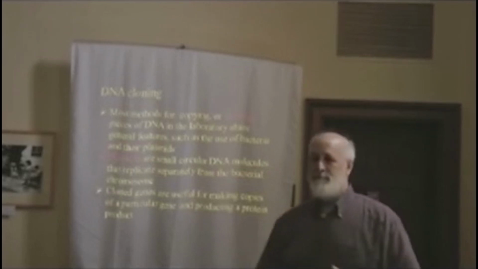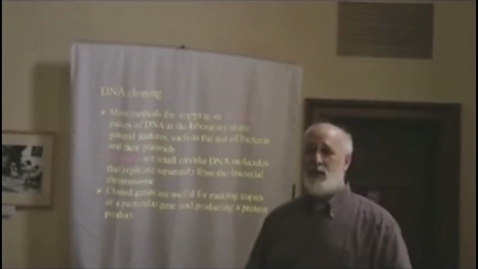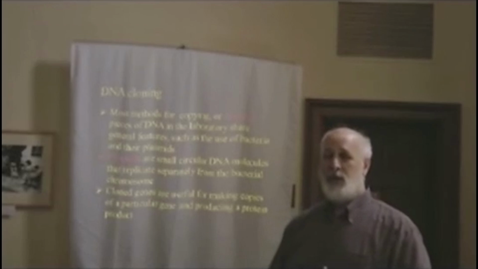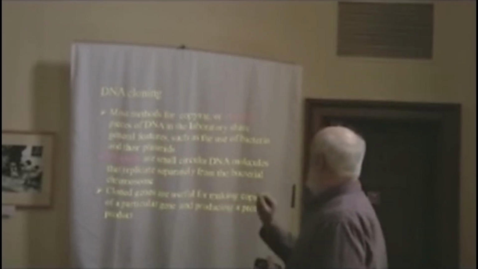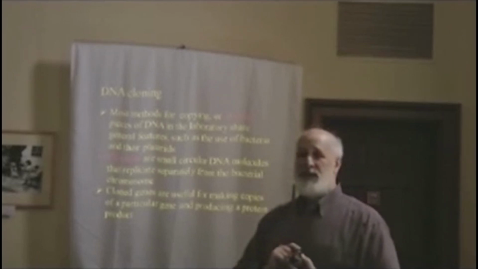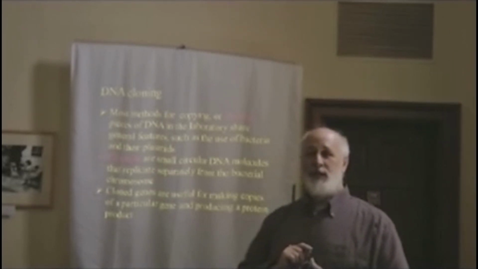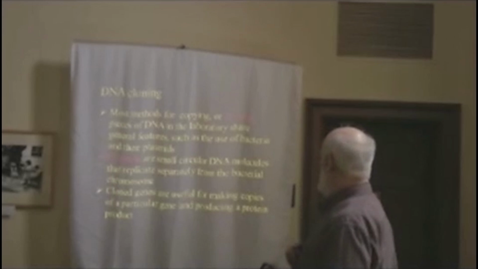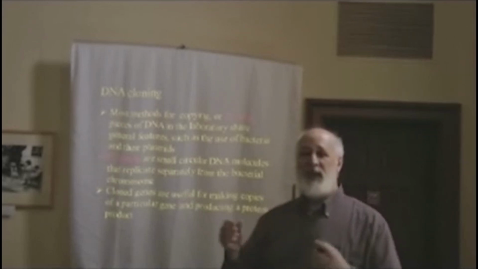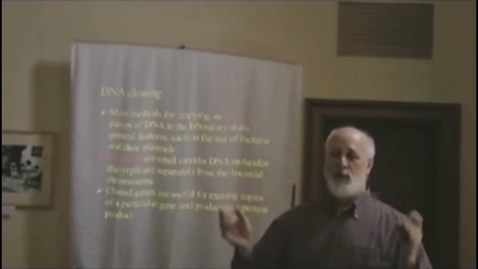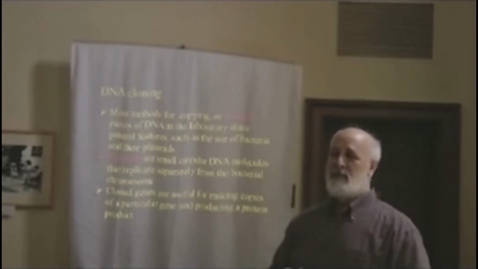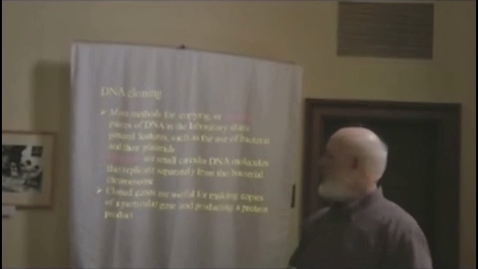Okay, cloning. Cloning is making identical copies of something. It could be a whole organism, or it could just be a piece of DNA. And we often use plasmids in making clones of particular genes. And then you can put the plasmid that has the gene into a bacterial cell, and it will grow like crazy, and you will get many, many copies of that piece of DNA.